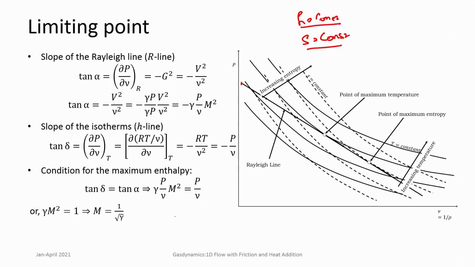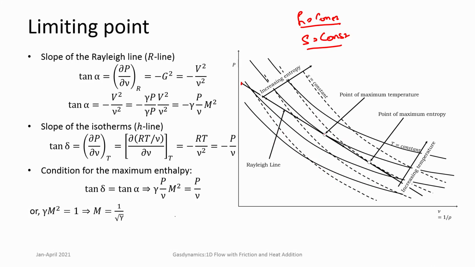Okay. They are two different curves and we know they are related to each other. So, the entropy curve has a higher slope than the enthalpy curve. So, this is T equal to constant and this is S equal to constant. This difference is there as a consequence.